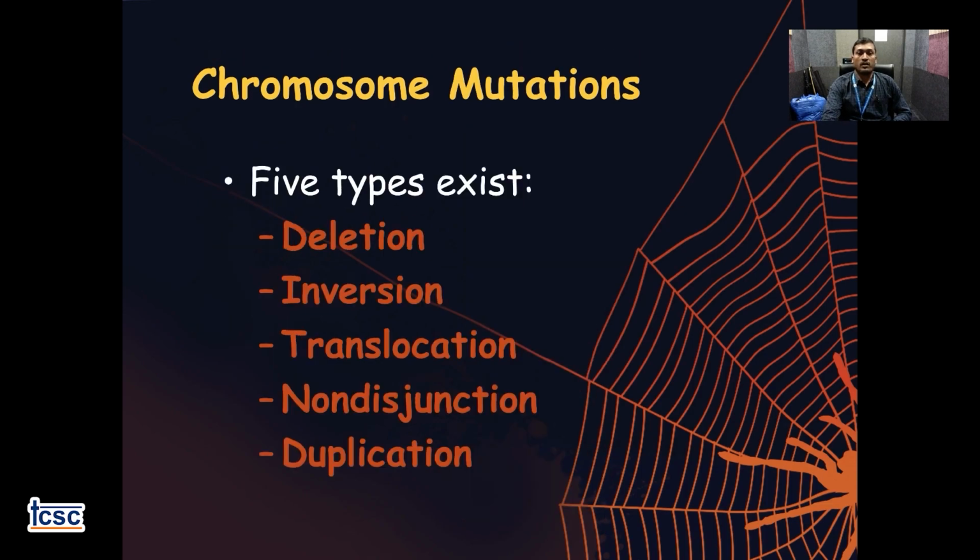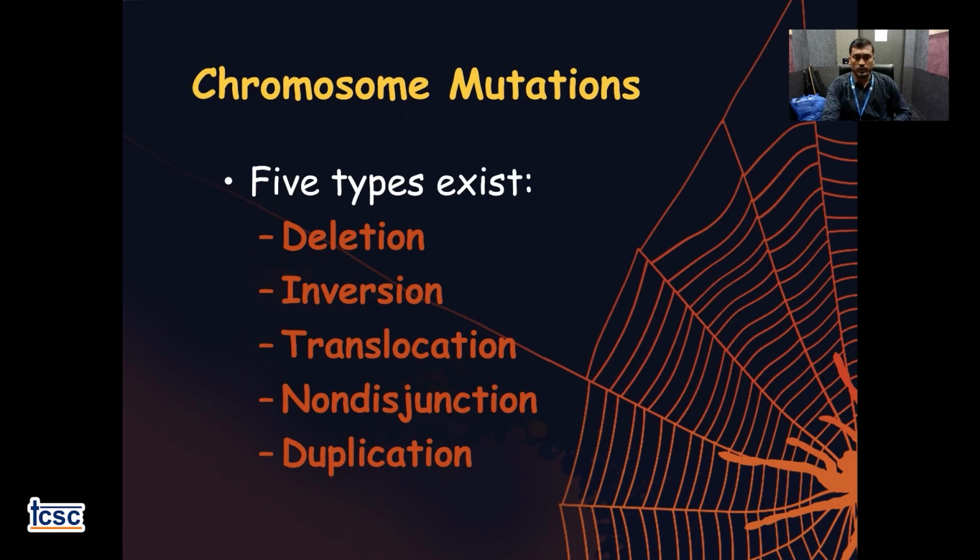There are five types: number one, deletion; inversion; translocation; non-disjunction; and duplication. These are the five types of chromosome mutations.